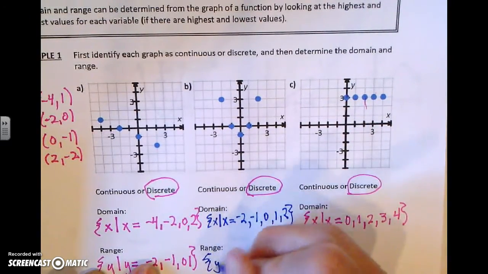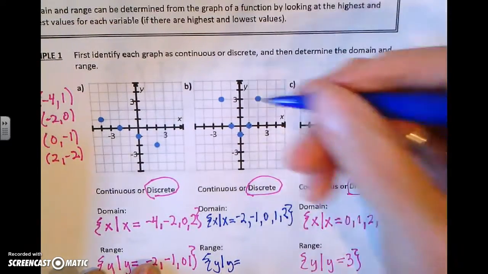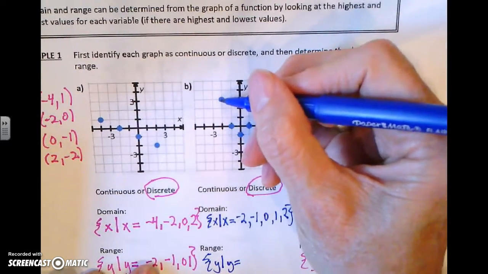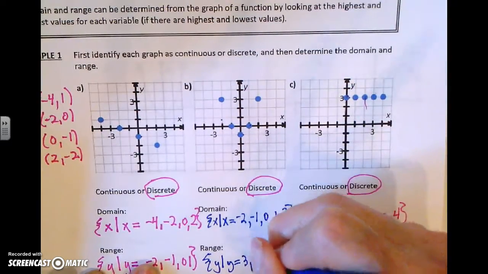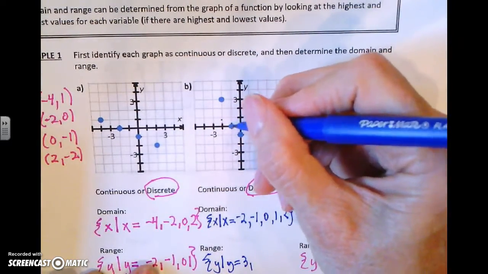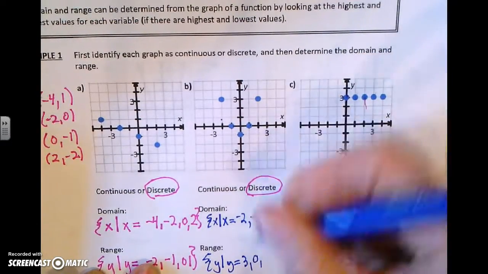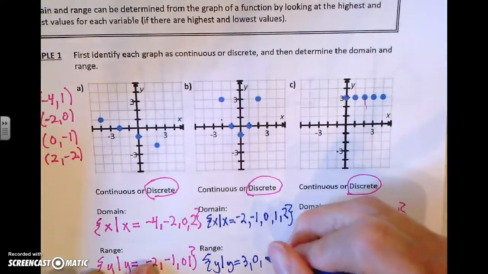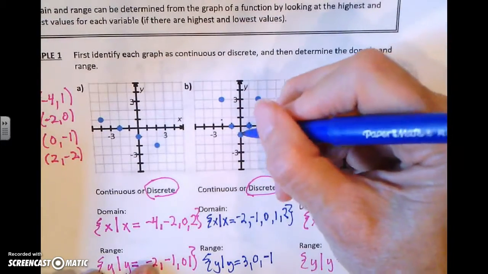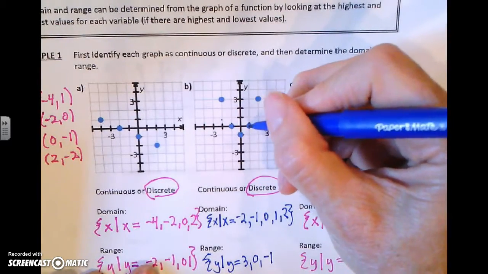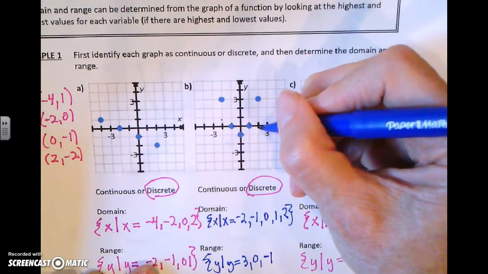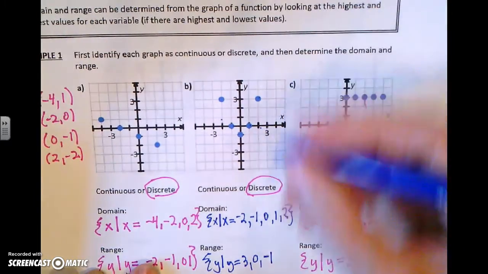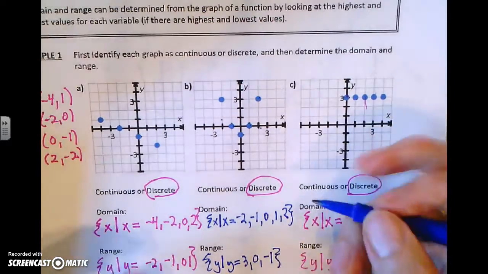And the y values, the first one has a y value of 1, 2, 3. The second one has a y value of 0, and the third one has a y value of -1. The fourth one has a y value of 0 again, so I don't need to repeat it. And the fifth one has a y value of 3 again, so I do not need to repeat that.